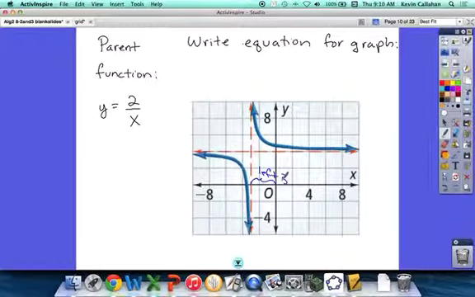And then how much up? It looks like it's up 4. Okay, well, how do I show a left? x plus 3 in the denominator and a plus 4 after. Looking at the graph, you should be able to tell that. Easy stuff.